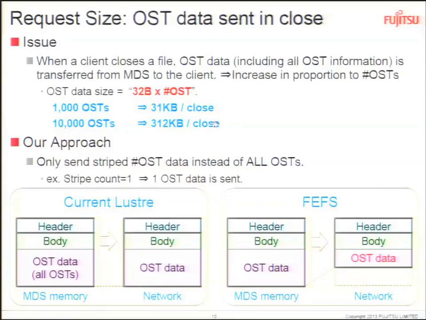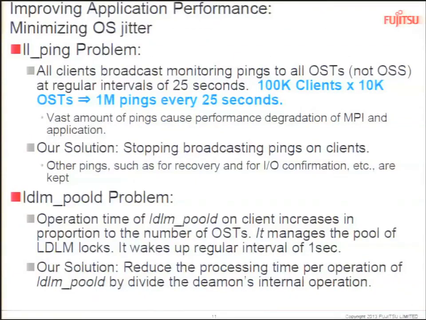This is also memory consumption and causes performance degradation. So our approach is to send only the stripe number of OSTs and the index of all OSTs. That is our solution.